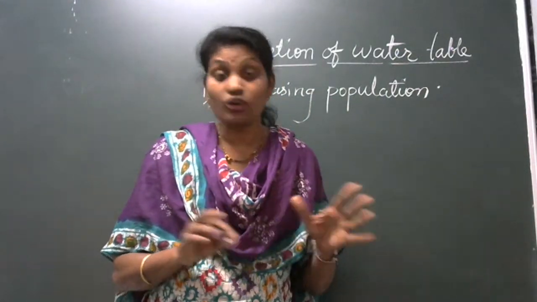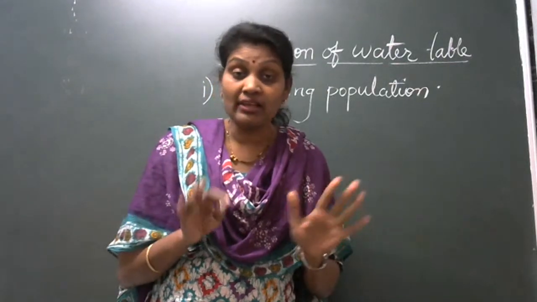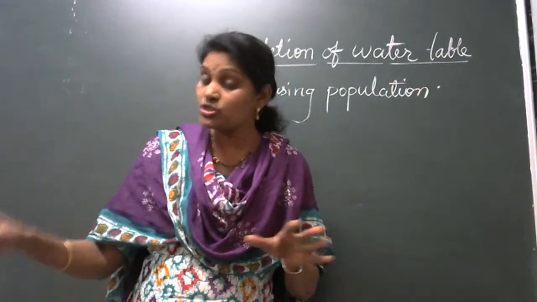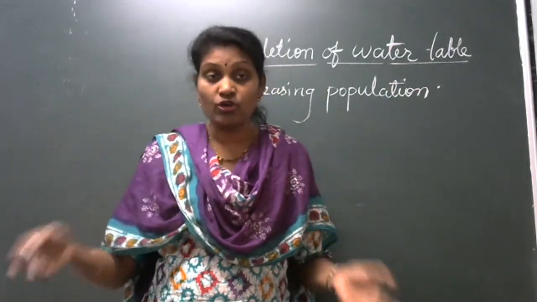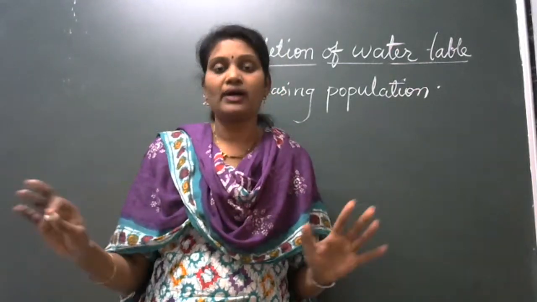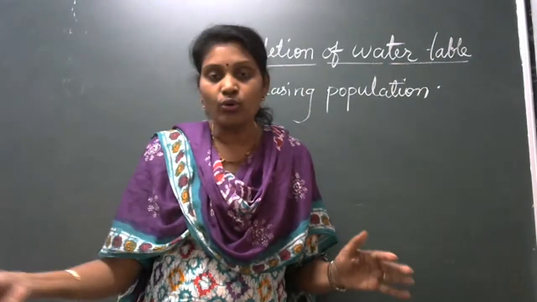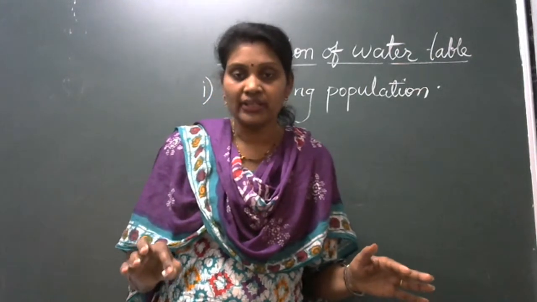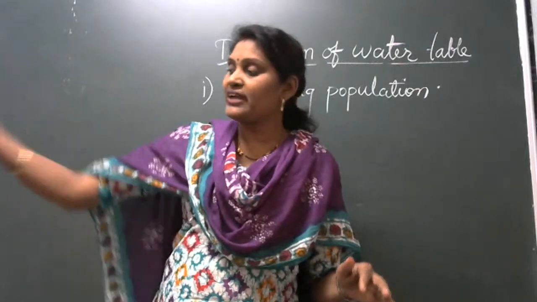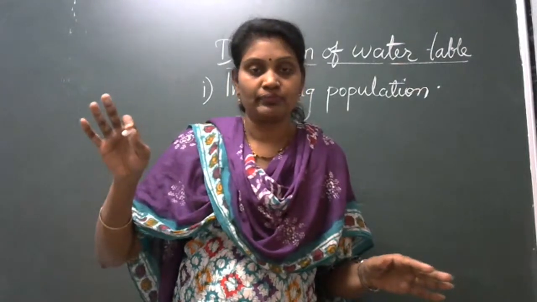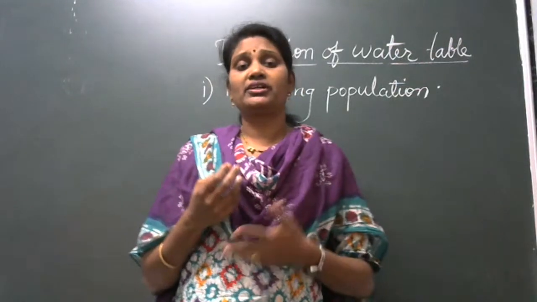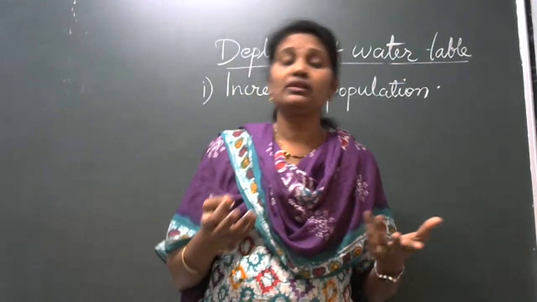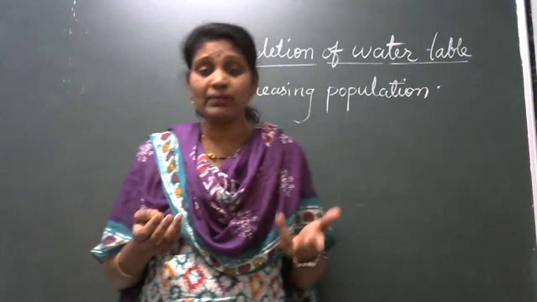Nowadays, we are not dependent on one well. Everybody's house will have one well, isn't it? या तो बोरवेल होगा, या हैंडपंप होगा, या फिर वेल होगा, isn't it? Understood, student? So every house will have one well. So digging and digging, taking the water from the underground again, so it will deplete the water table.